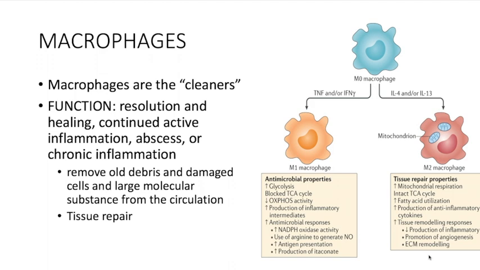So we talked about these guys kind of sitting underneath the surface and waiting for the acute inflammatory response, and involved heavily in the phagocytosis. So they are the cleaners. They also are involved in resolution and healing.